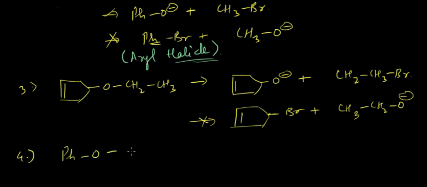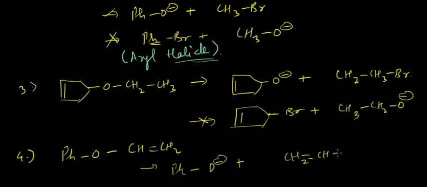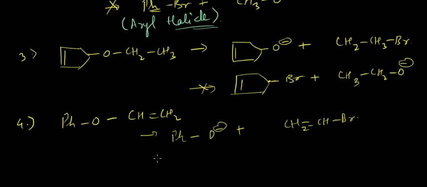Okay, how will you prepare this? So for this we can have two options, that we can either have PhO minus and something like this, or we can have PhBr plus something like this.